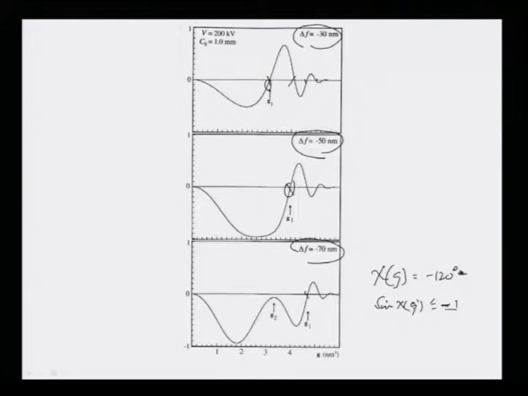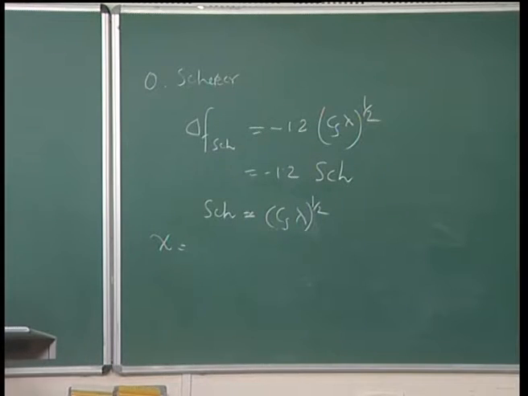Now, let us see how this can be derived using the formula which I have already given you for psi. We have seen that psi depends on the defocus and also on the spherical aberration constant.